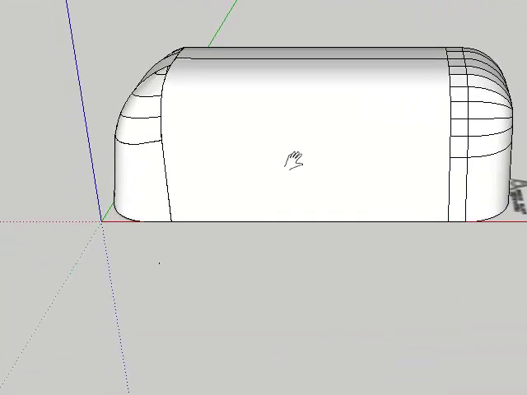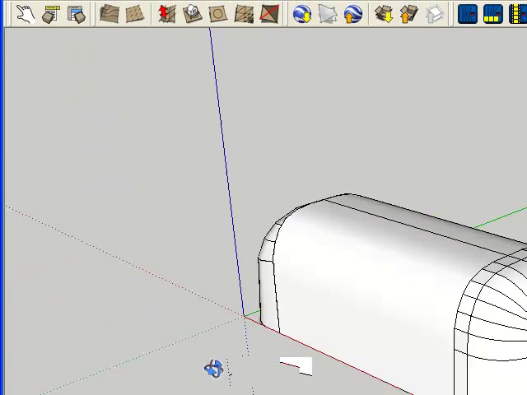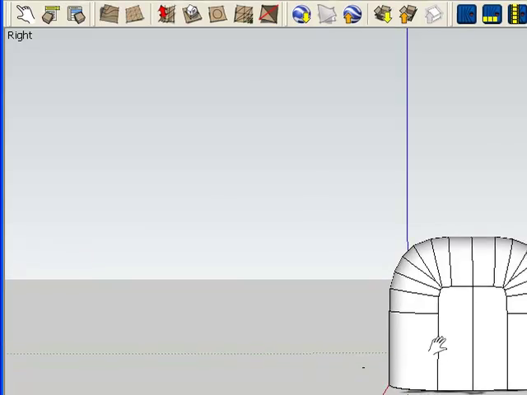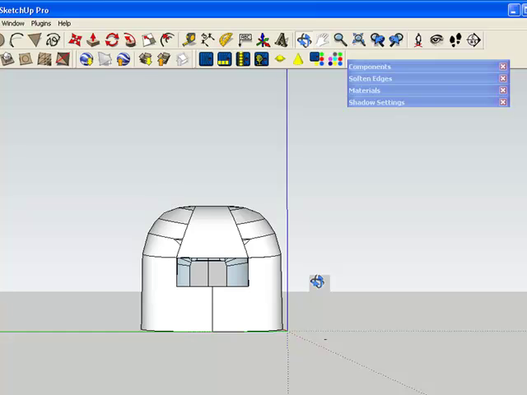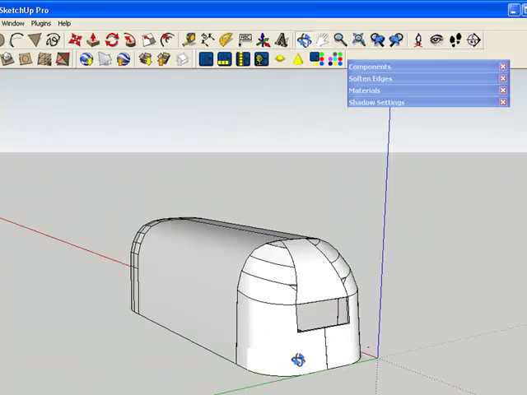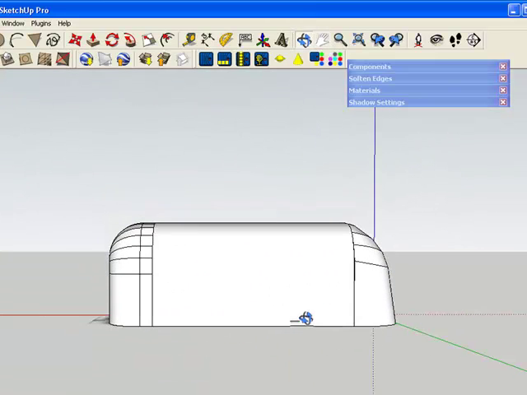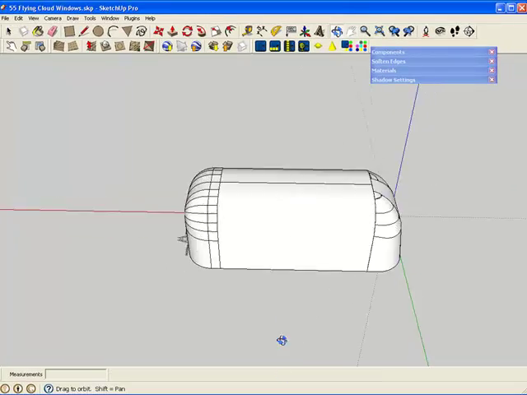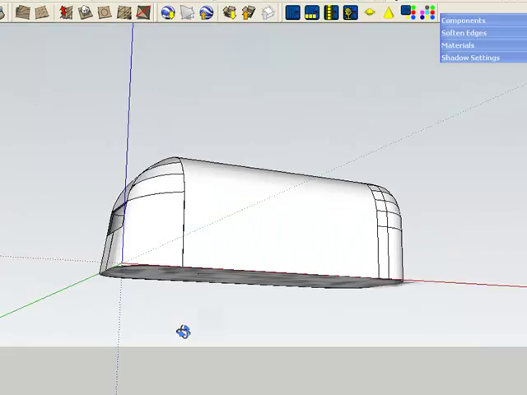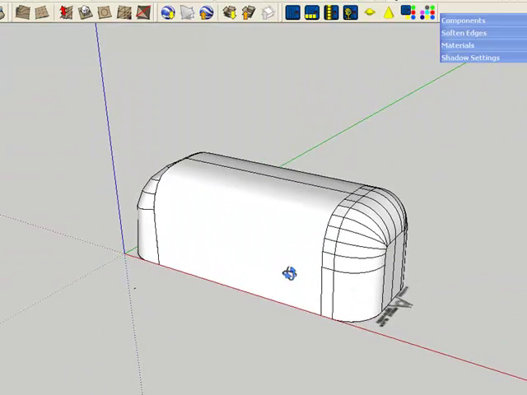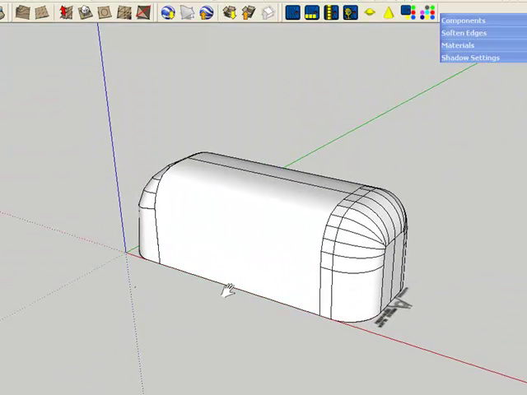This is the front view. This is the right view. This is the left view. And then, of course, this would be the back view, top, and bottom. So those are the standard names of those views that we're going to be working with.